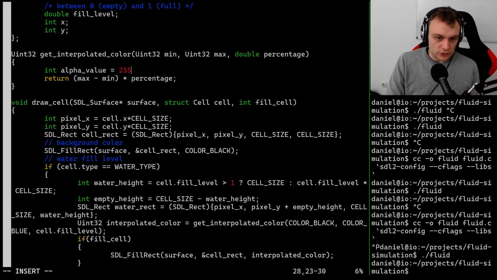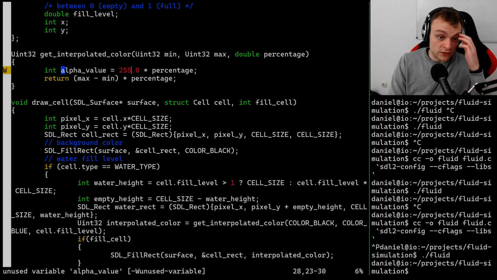Oh no, 255 multiplied by the percentage. And then that is written into the alpha value.